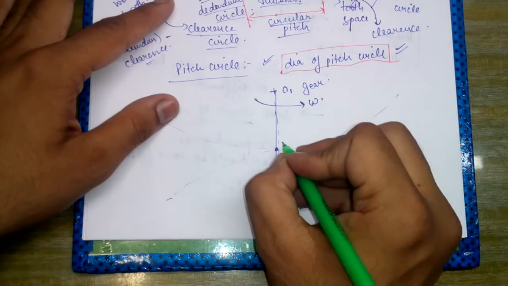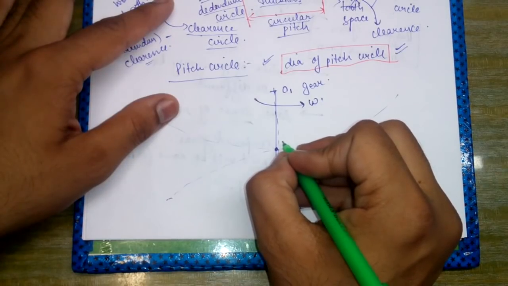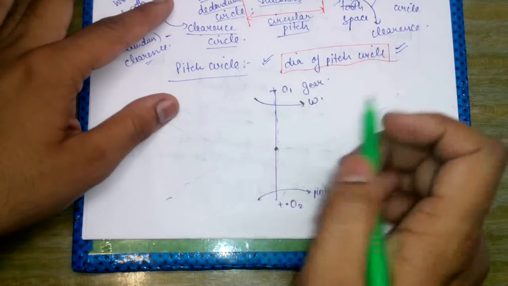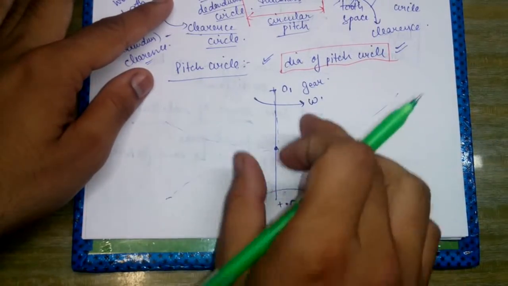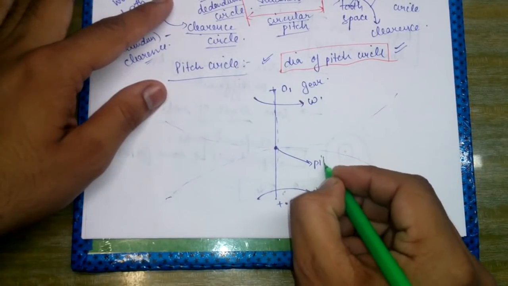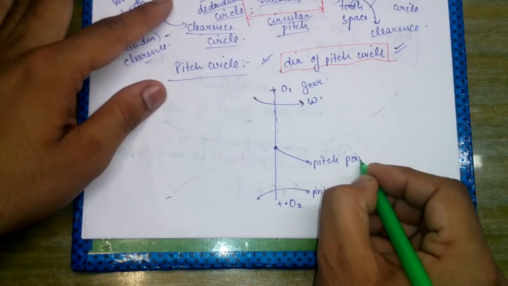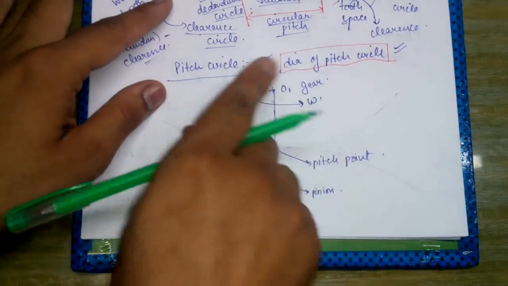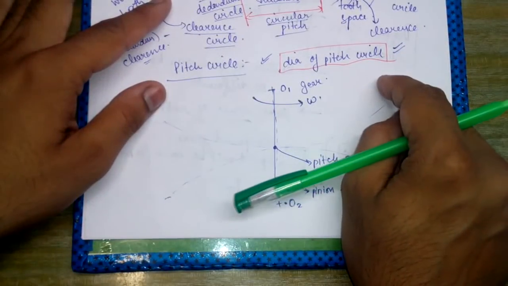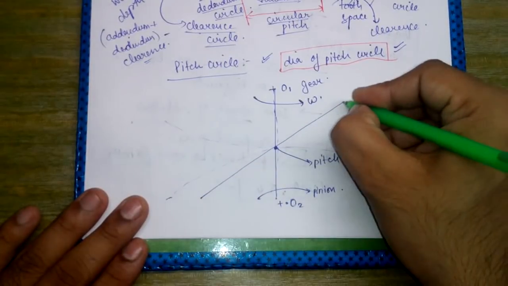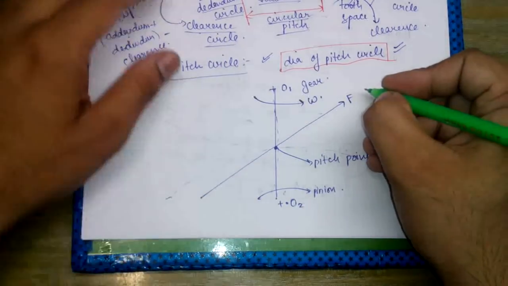Okay, this point is called the pitch point, which is the contact point between the pitch circles of the two gears. So where the pitch circles of two gears meet, that point is called the pitch point. So when one is moving in the clockwise sense, the other would be moving in the anti-clockwise sense if they are in external gearing, and this is actually the line of action.